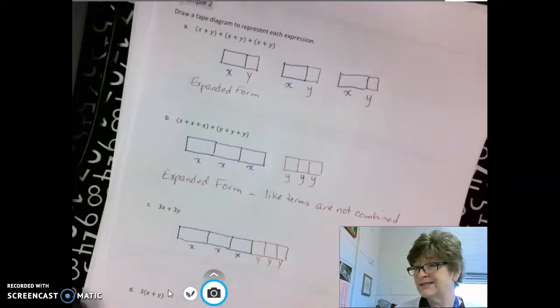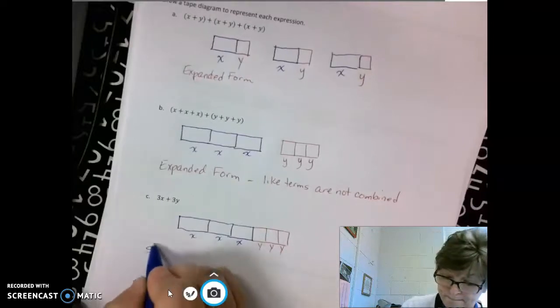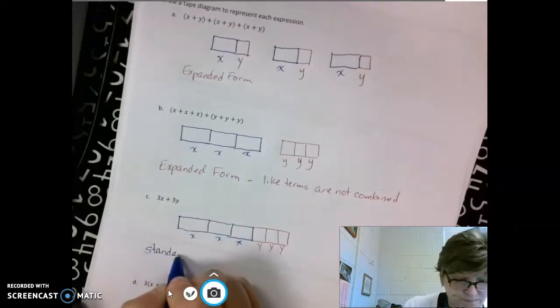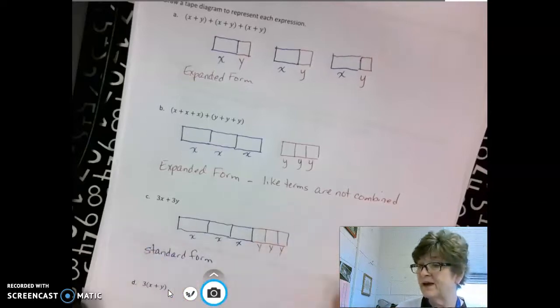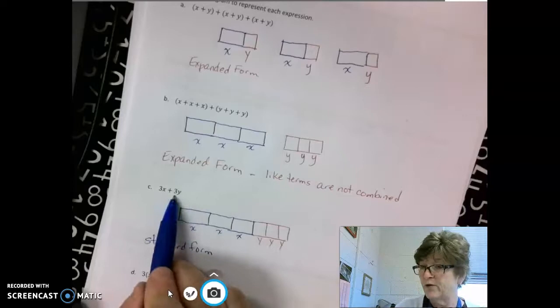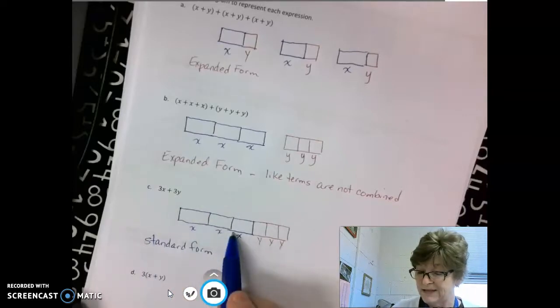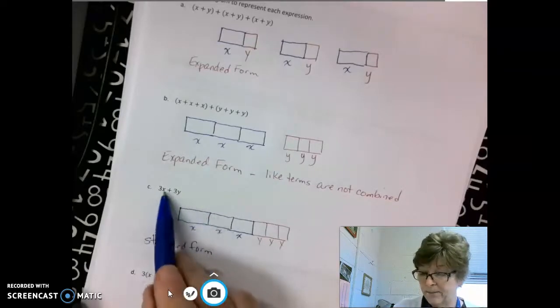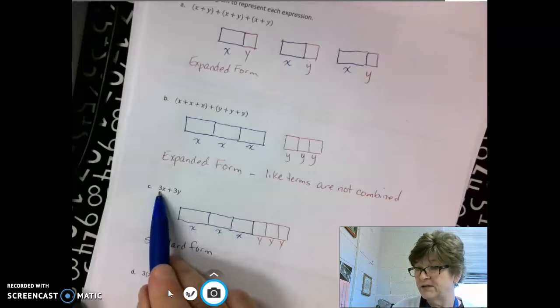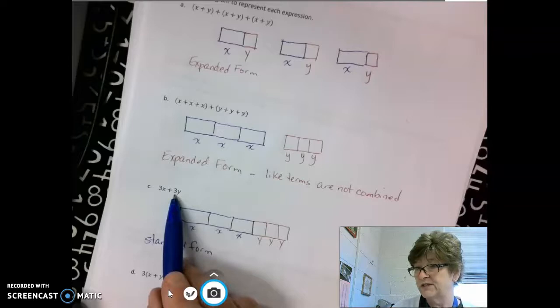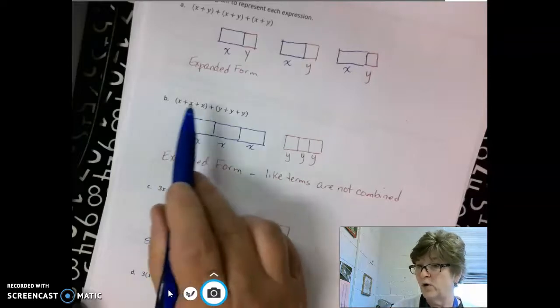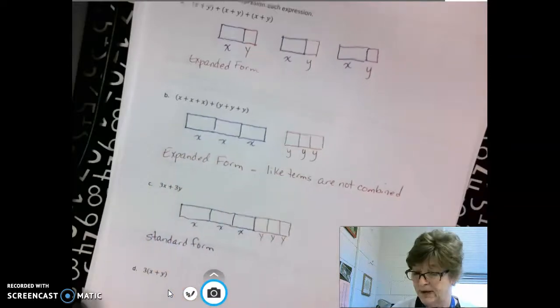This is called standard form, because I have combined and put together an expression where my x's are combined with a coefficient, and my y's are combined with their coefficient, unlike up here, where each one is identified separately.